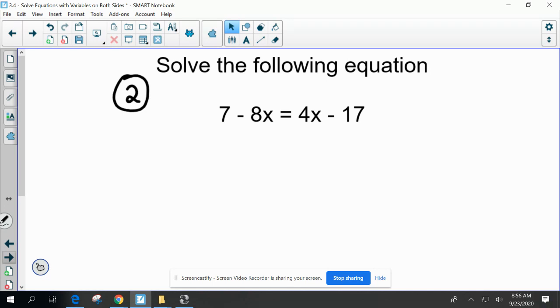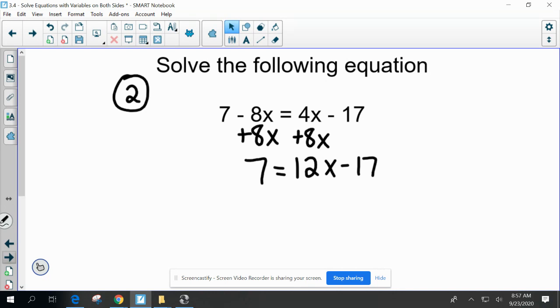So my smallest x in this case would be negative 8x, because it's smaller than 4x. So I'm going to choose to add 8x over to the other side. So on the left-hand side, I have 7 equals, and on the right, 12x minus 17. You could start a different way, and then at the end, we should all be at the same spot.